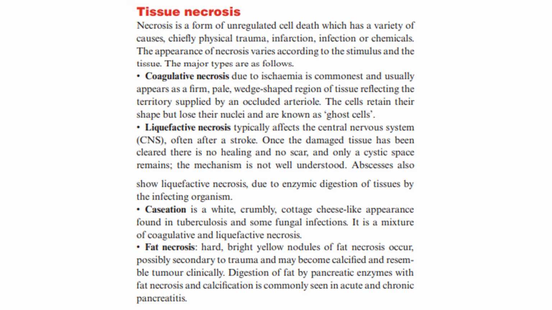Coagulative, as we said, is due to ischemia, is commonest, and usually appears as a firm, pale, wedge-shaped region of tissue reflecting the territory supplied by an occluded arteriole. The cells retain their shape but lose their nucleus and are also known as ghost cells.